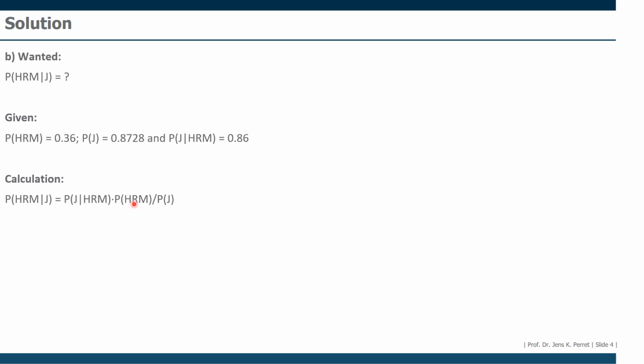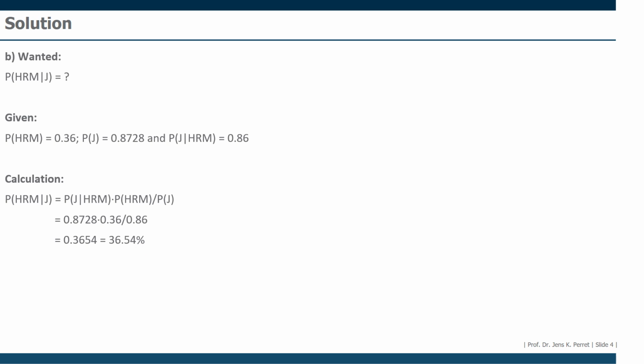We have those three values written down up here. So we can insert the three values and we get as a final result 36.54%. So the chance that someone studied HRM when he found a job after a certain period is roughly 36.54%. That's everything there is for the second part of this exercise.